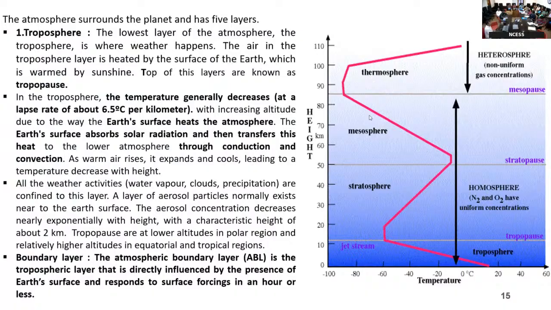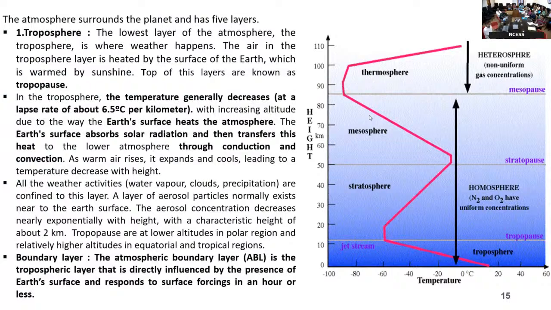And again in the thermosphere, ionized particles are there, because solar radiation and X-rays come and hit directly. The molecules will be ionized, and they have high temperatures, and the temperature gradually increases in the thermosphere.